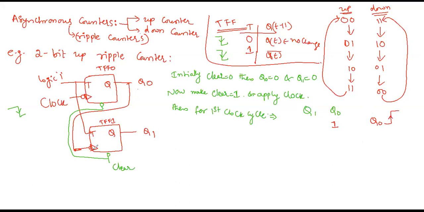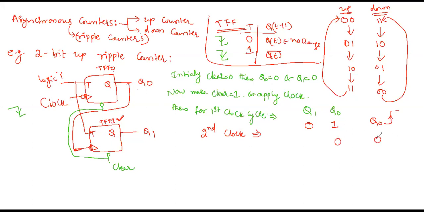Whenever the clock is changing from 0 to 1, T flip-flop 1 does not respond. It will maintain Q1 as it is. So Q1 is 0. Next, for the second clock pulse, the output of T flip-flop 0 will be inverted. So 1 will become 0.